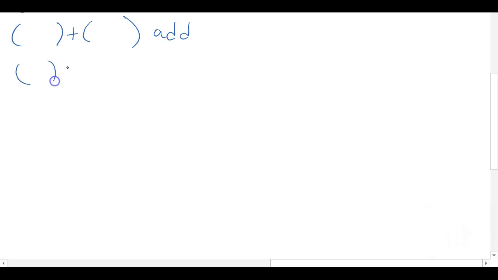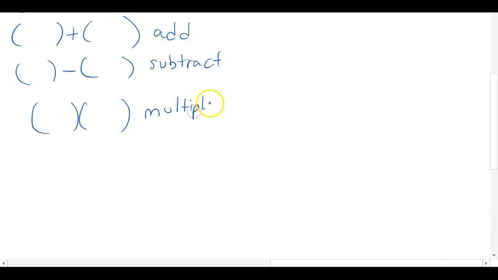If I'm going to have a negative between, I'm going to subtract. If there is nothing between them, then we multiply. So remember, you need to see that difference. Plus here, add. Negative here, subtract. Nothing, just multiply.